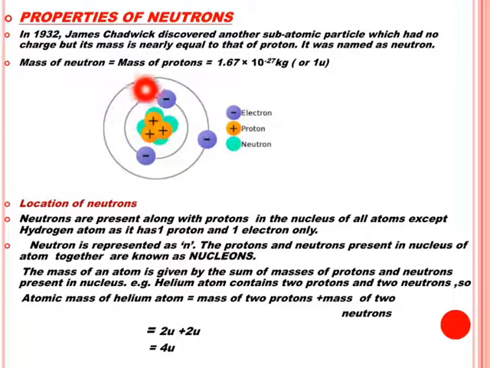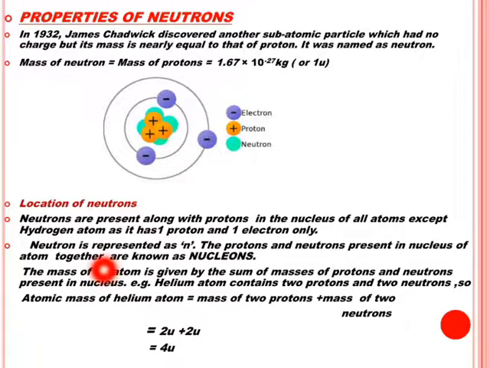The mass of an atom is given by the sum of masses of protons and neutrons present in the nucleus, because electrons which revolve around this nucleus have negligible mass, so the mass of the atom is given by the sum of the masses of protons and neutrons present in the nucleus of an atom.